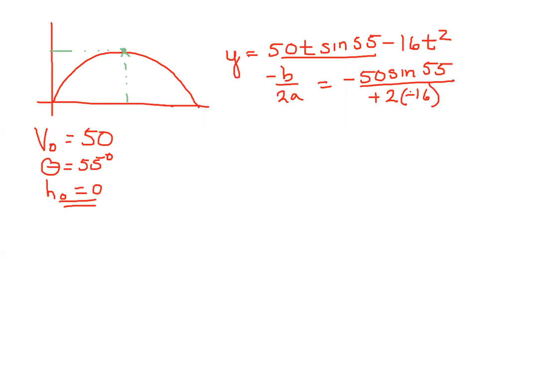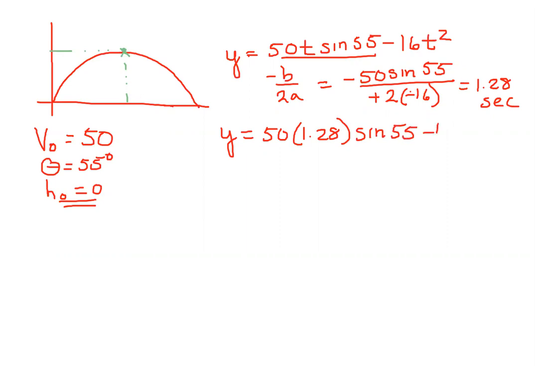Put this in your calculator, and you should get 1.28 seconds. So that is how long it takes to get to its maximum height, and substituting it in, its maximum height is 26.21 feet.